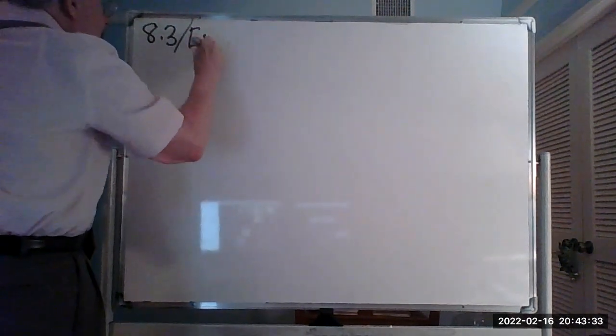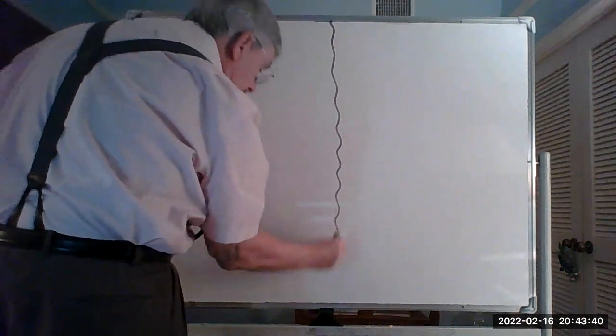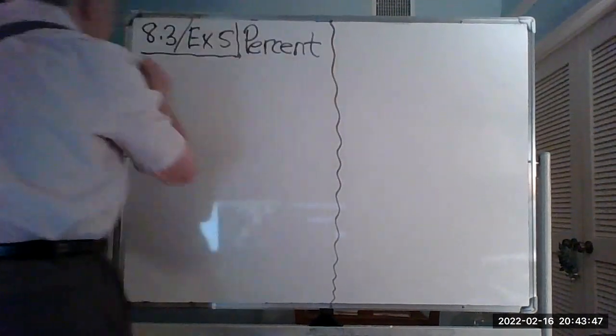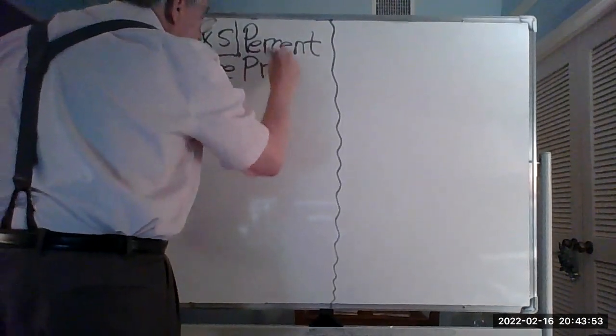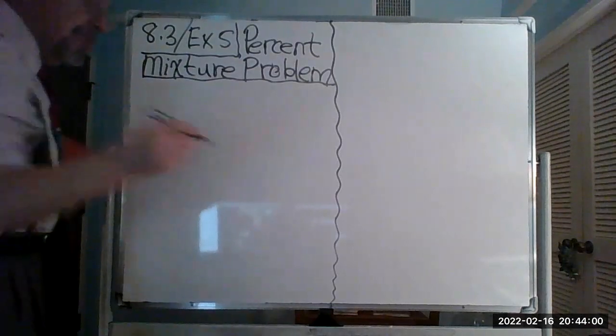Yeah, here we go. Okay. So this is a percent mixture problem. In the first place here, we're going to use a table to get the system.